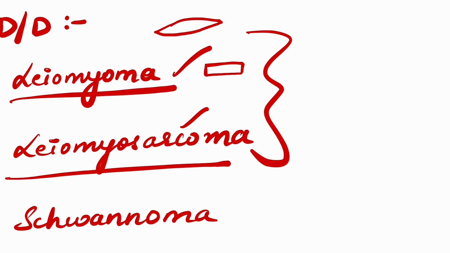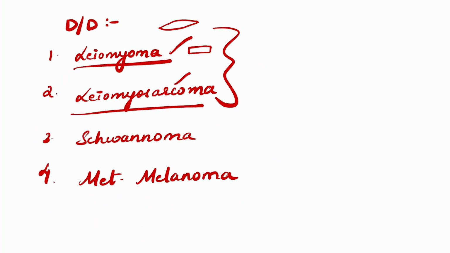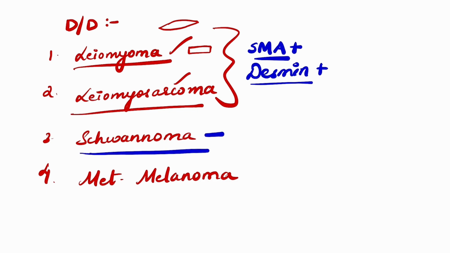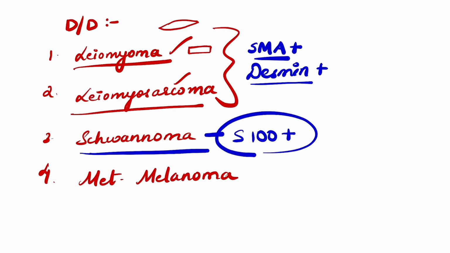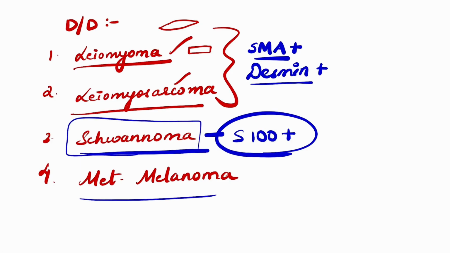Apart from histological differentiation, based on IHC, leiomyoma and leiomyosarcoma show positivity for SMA, that is smooth muscle actin, and desmin. Both are muscle markers. Schwannoma shows strong positivity for S100, because schwannoma also shows a spindle cell appearance, so to differentiate it you can do S100.